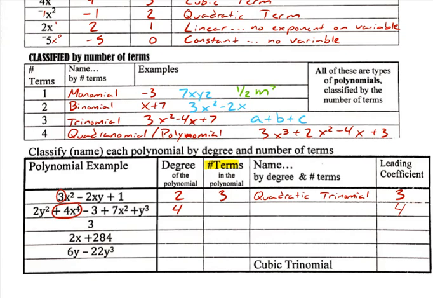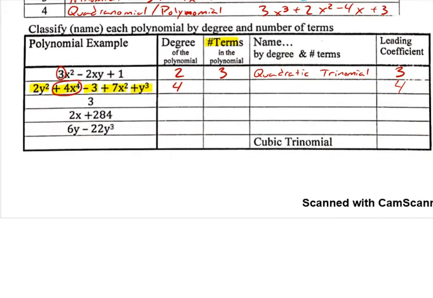There are a total of 1, 2, 3, 4, 5 terms. So we would call this a quadratic polynomial because it's more than 4. Oh, sorry, because it's more than 3, so 4 or more. So quadratic polynomial with 5 terms.